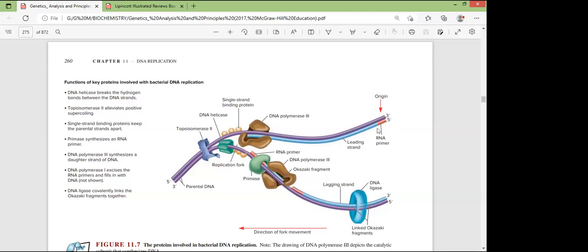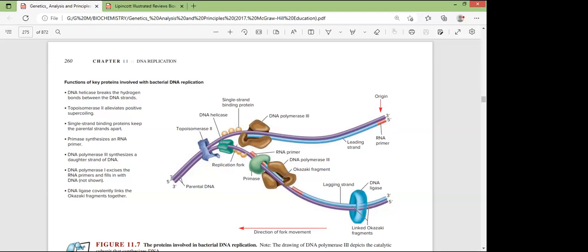So this leading strand is synthesized in a continuous manner. I want you to note that from where the RNA primer bound, it has gone on very well, very smooth. And that is what we call the leading strand.